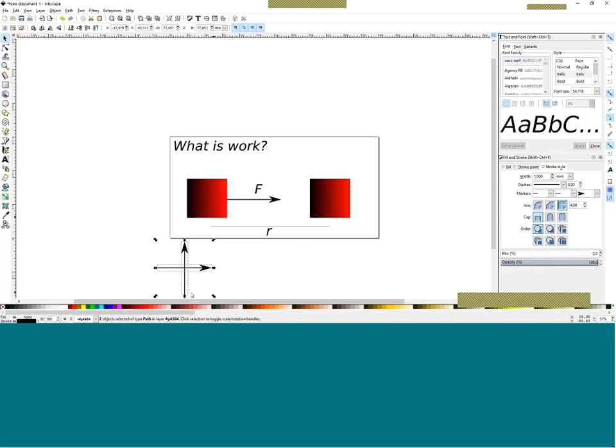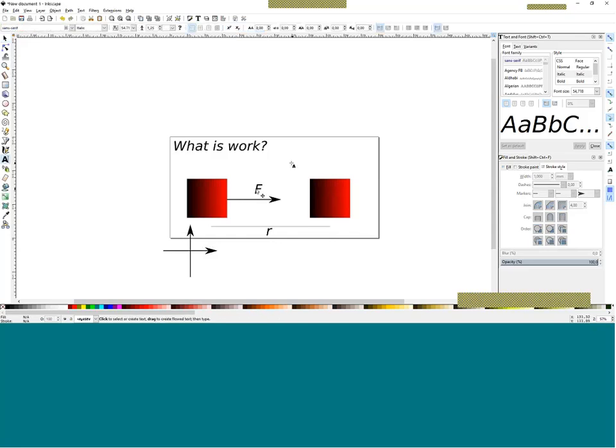Force has a direction, that's true, but does work have a direction? That's the question. Or, sorry, not if work is scalar, that was the question. But as we can see, the force is in the x direction only, and the distance is relative to that.